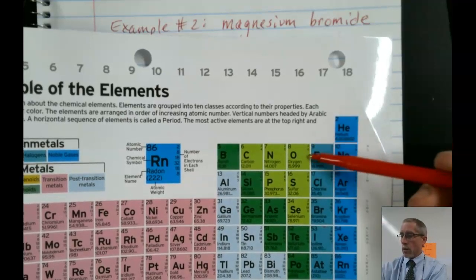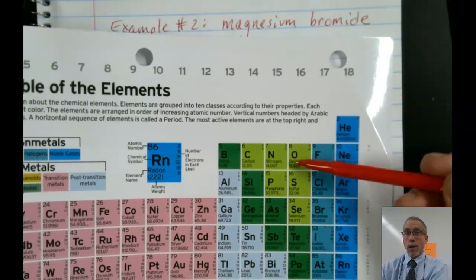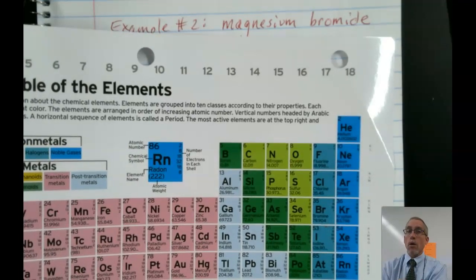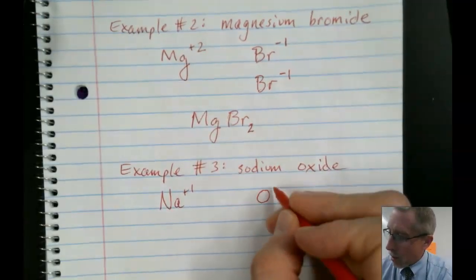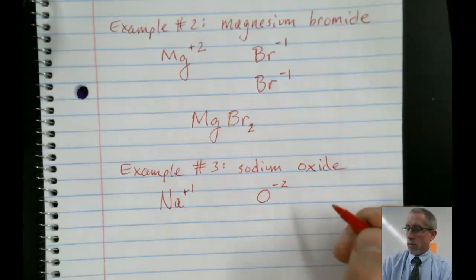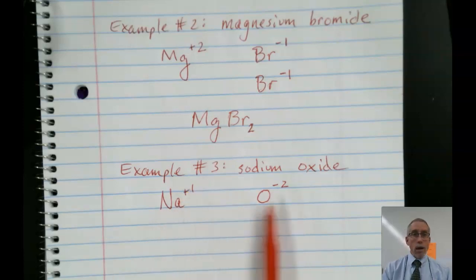So we're going to write the symbol. Now, what kind of ion will this be if it acquires 2 electrons? That's 2 more negative charges than it started with, right? So the symbol for that ion is O minus 2. All right? Now notice these charges are not identical to each other, so we have to write more ion symbols until they are the same total number.